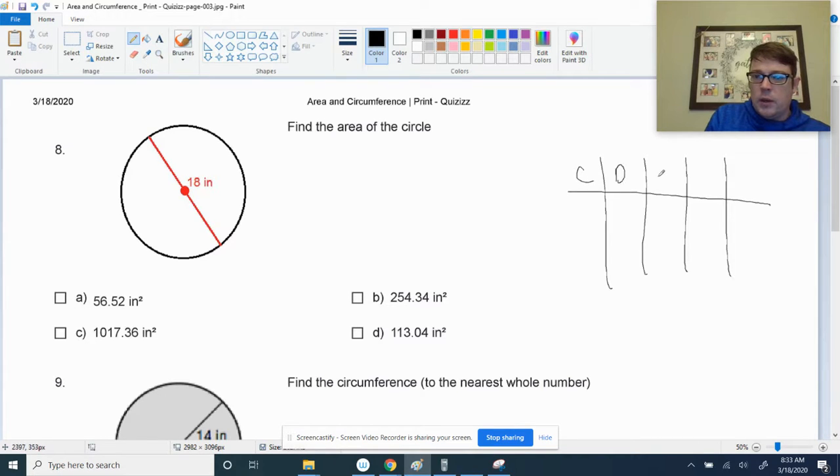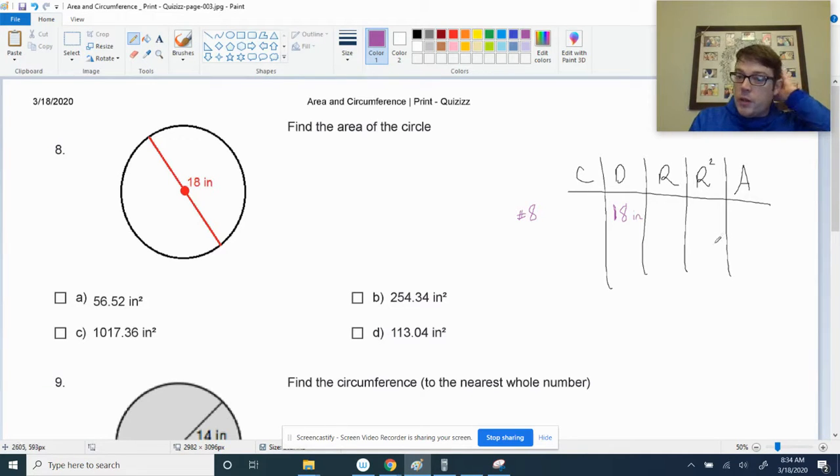We got our relationships. We know how they relate to each other. We know circumference is the distance around, all the different things. This time they're giving you the diameter, which I will do in purple for number 8 here. So number 8, we're given 12 inches in diameter, and they want us to go all the way over here to area.